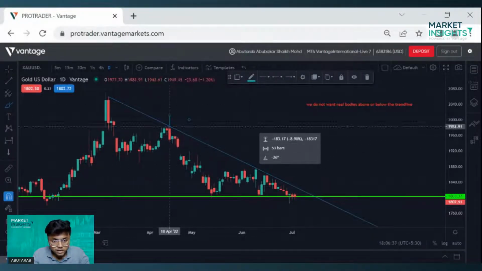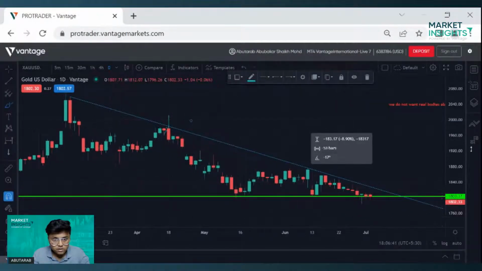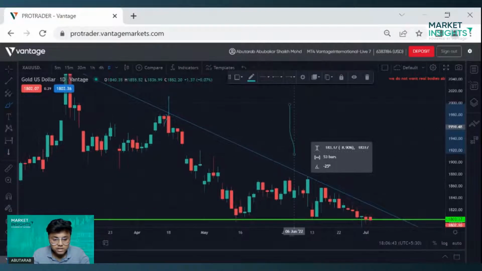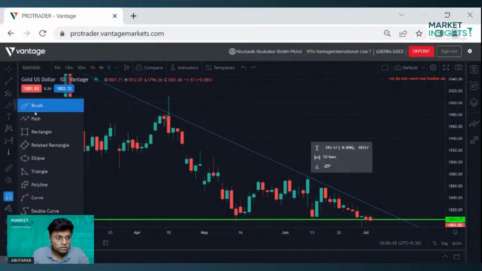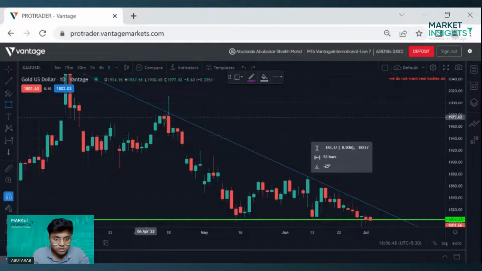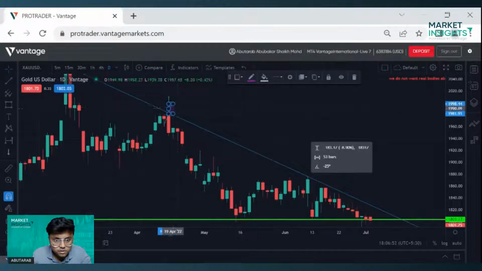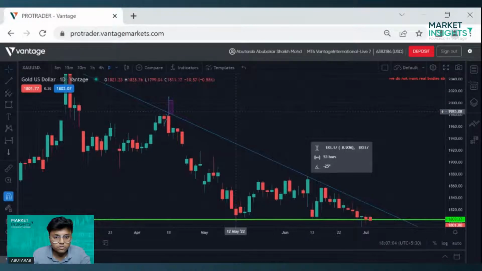But if the candle was like this up above here, if the candle breached it, above the trend line, just consider that this is one of the candles that have gone above the trend line.